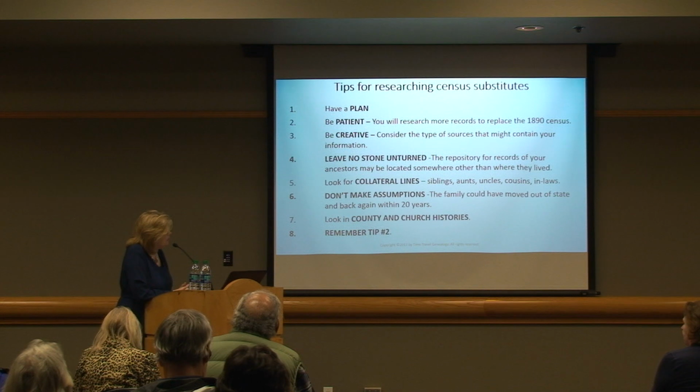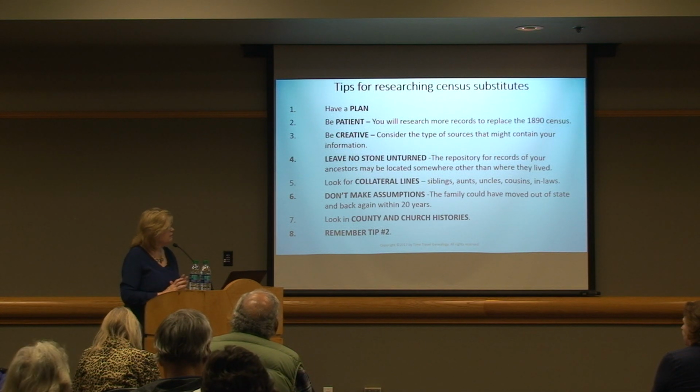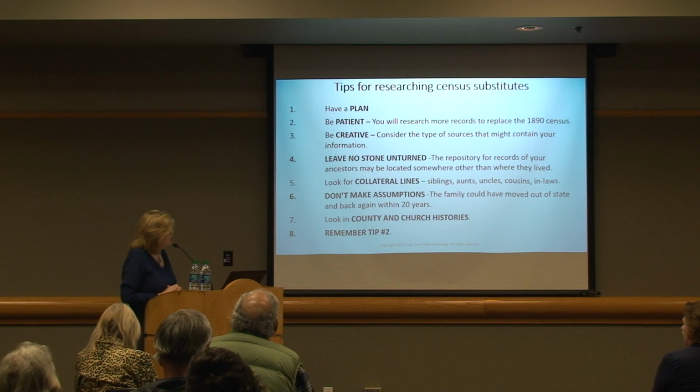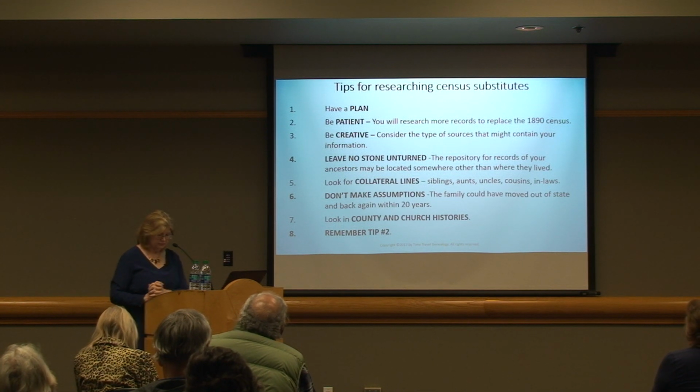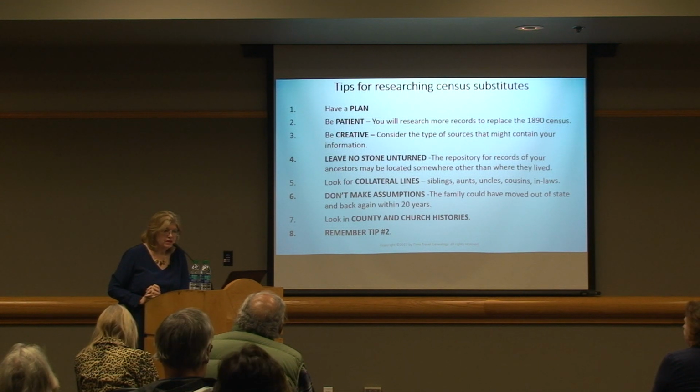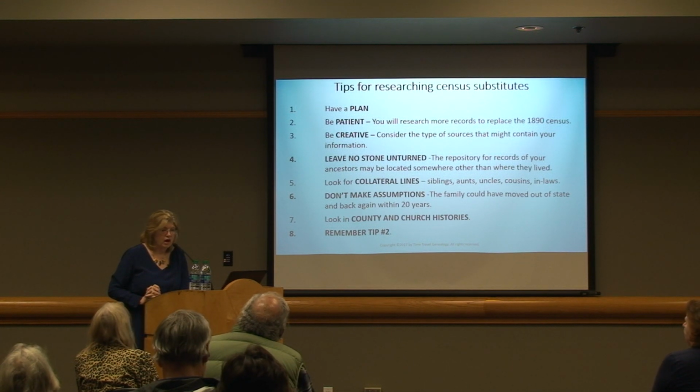Leave no stone unturned. The repository for records of your ancestors may be located somewhere other than where they lived. City directories for New Orleans for 1892 are not in New Orleans. They are in the Newberry Library in Chicago.